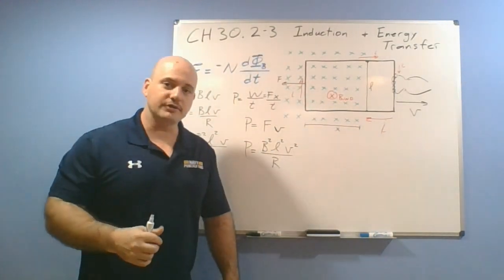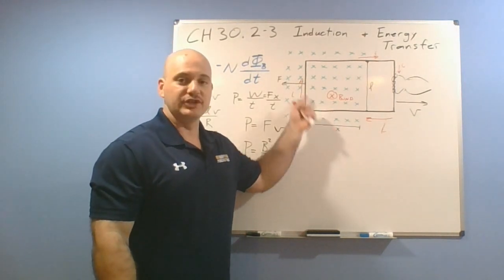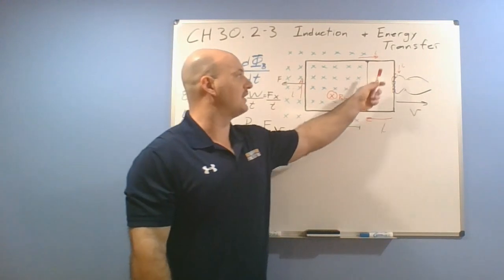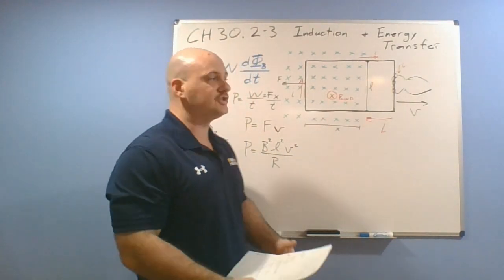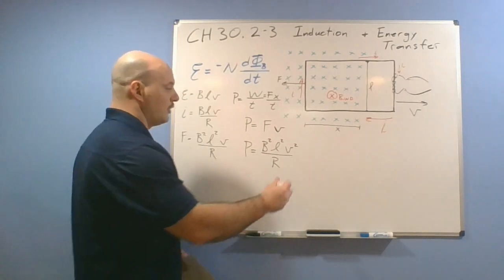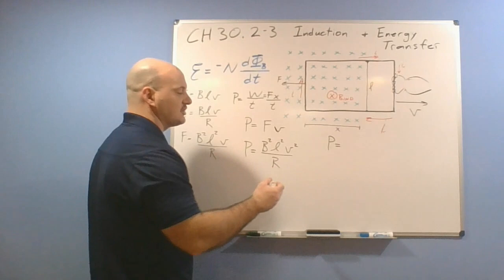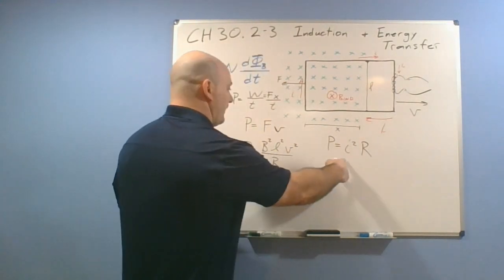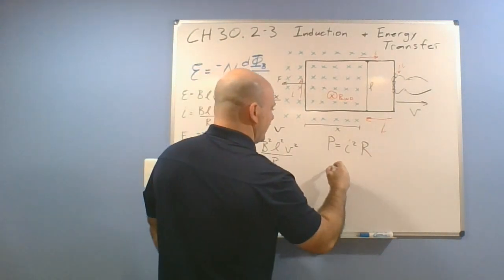However, we can also define power in terms of the rate of change of energy in the wire based on the current, right? This is sort of like the resistance. Resistance is the energy dissipation rate, right? So if you recall from circuits, we said that the power in a resistor was I squared R. So if I put my I value, I square everything in here, right?